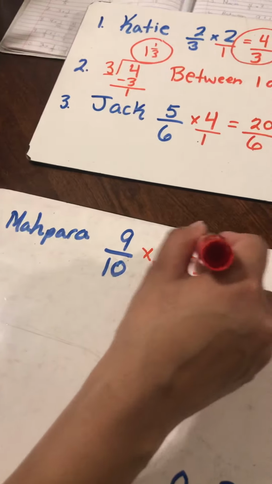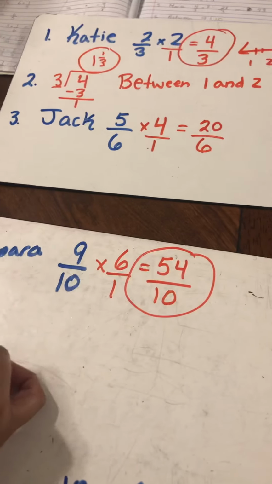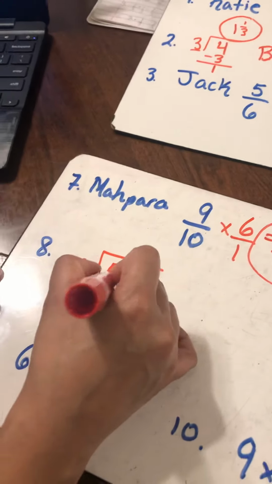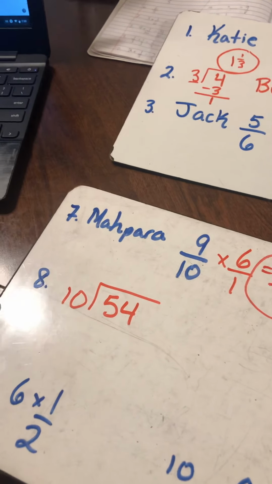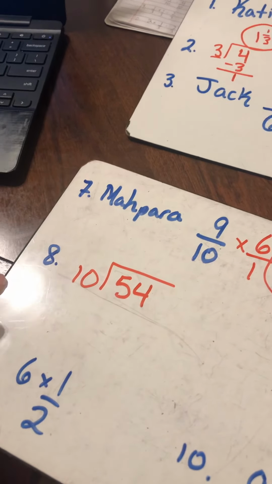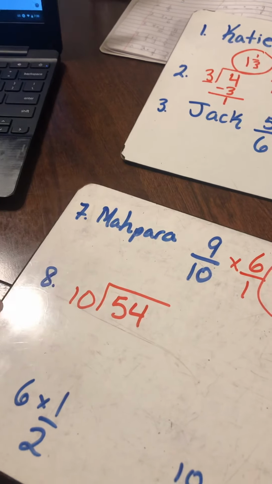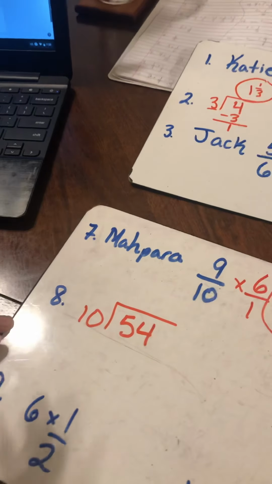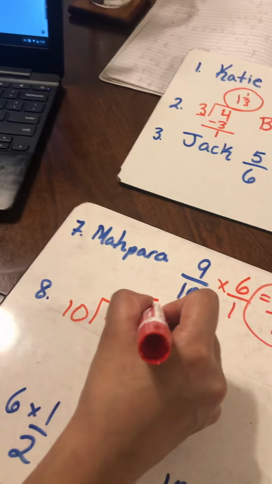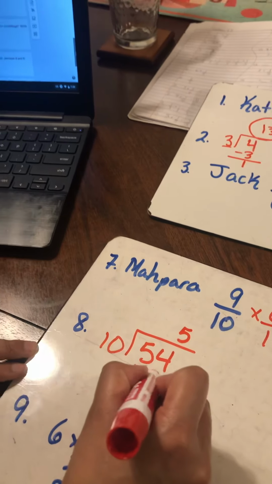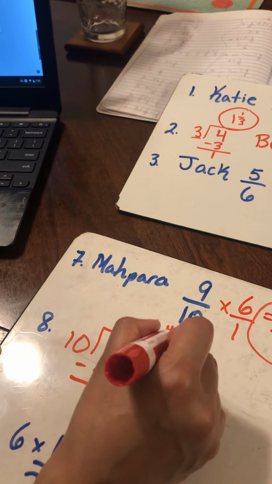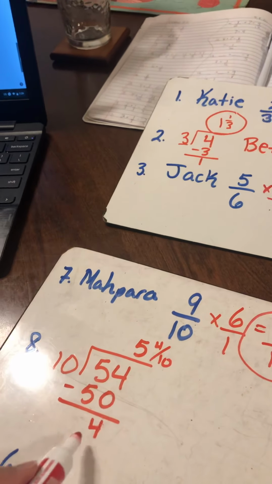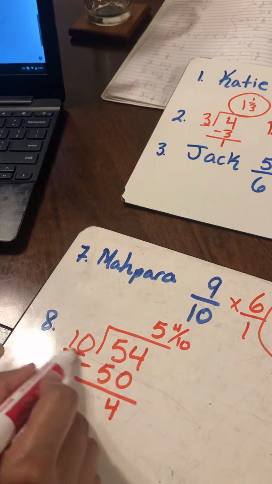Now, what 2 numbers is this in between? So now I'm going to divide 54 divided by 10. Think about your 10 times tables. What number on the 10 times tables is closest to 54? 50, right? 10, 20, 30, 40, 50. That's 5 times. And then I subtract. So, and my remainder 4, I'm going to put it over my divisor.